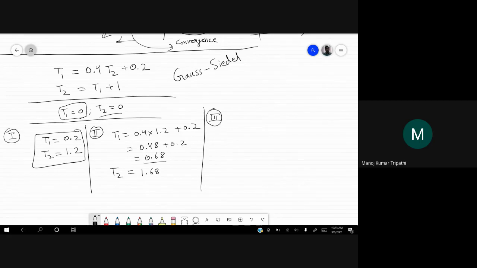The actual solution. Okay, fine. So 1 and 2.